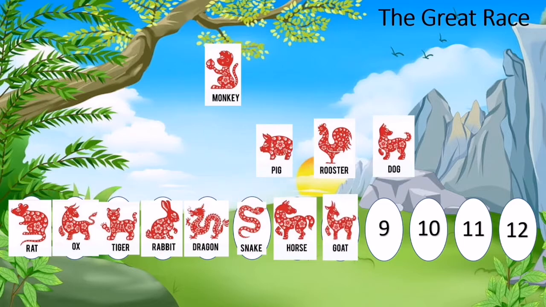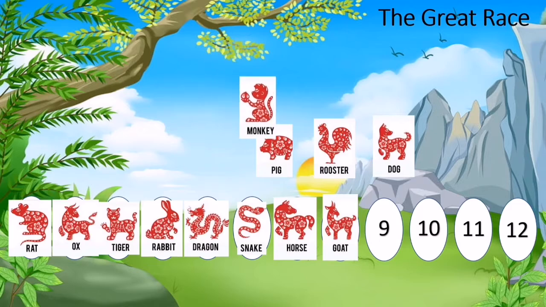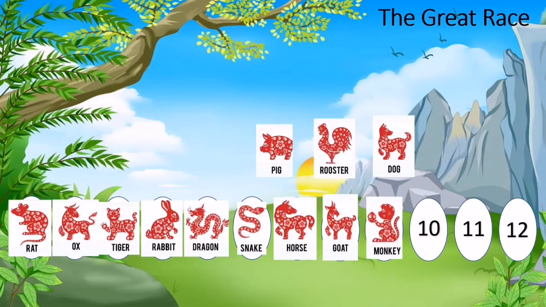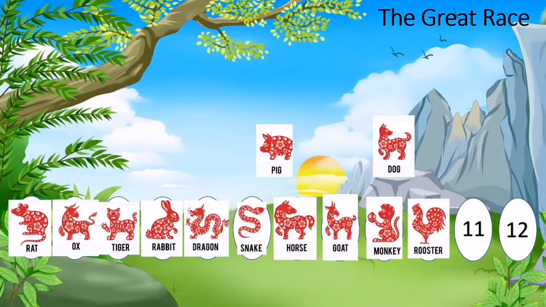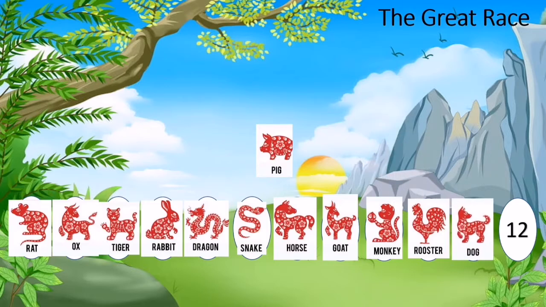Next is the monkey. Then the rooster came. The 11th animal was the dog. Last but not the least is the pig.